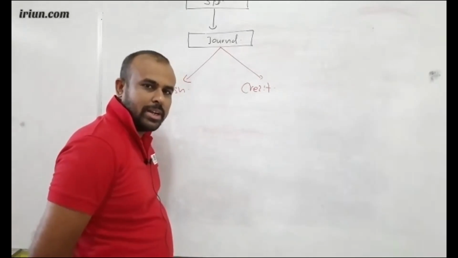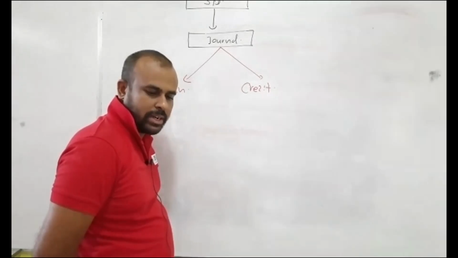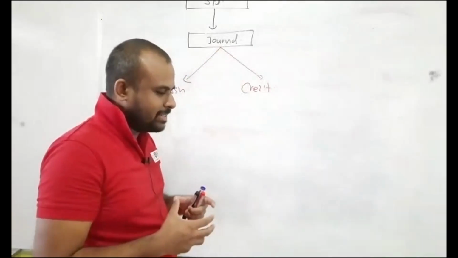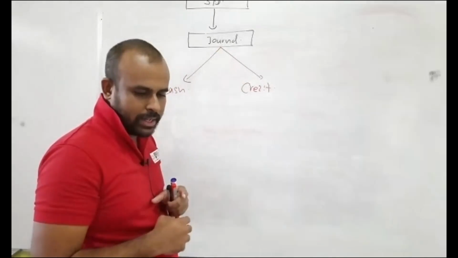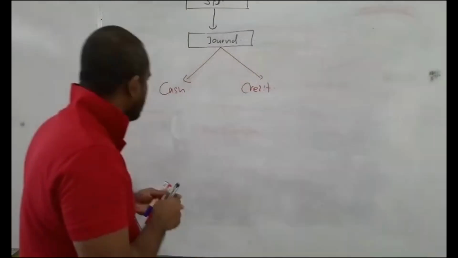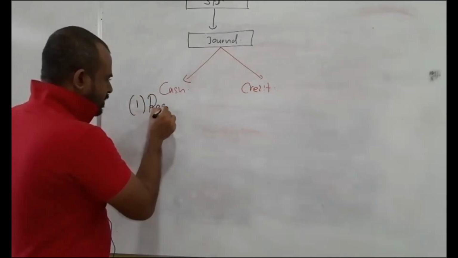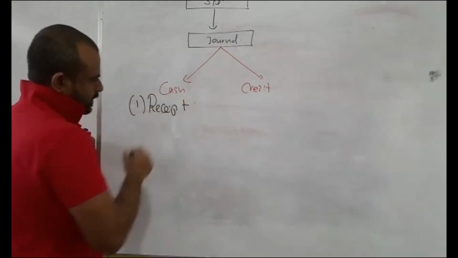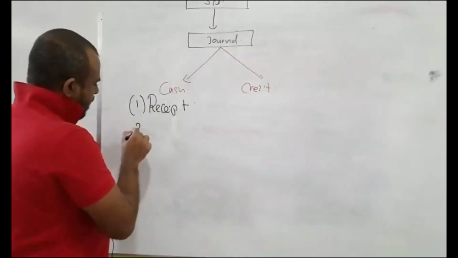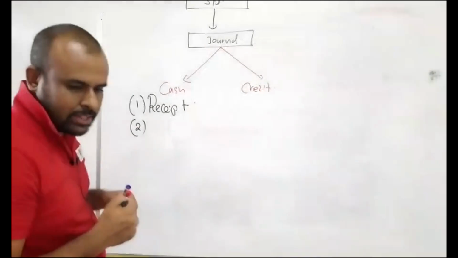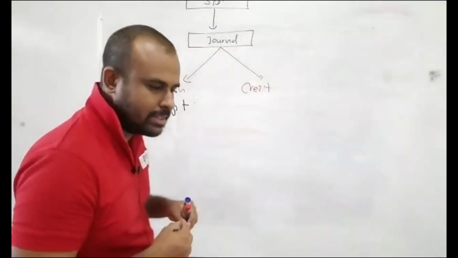What have we studied? When there is a cash transaction, in which journal have you recorded it? Very good. First thing is the receipts journal. All the cash receipts, you record only in one journal, the receipts journal.